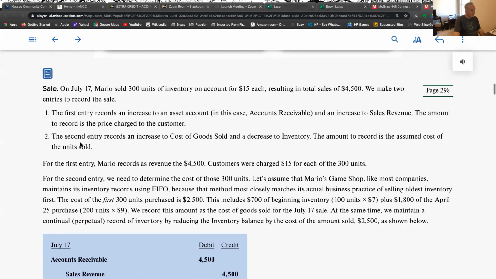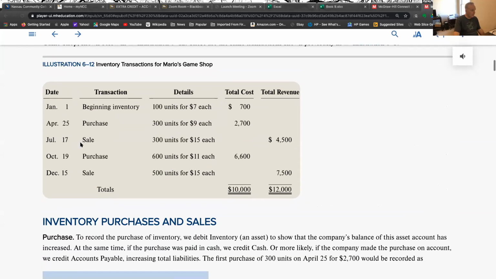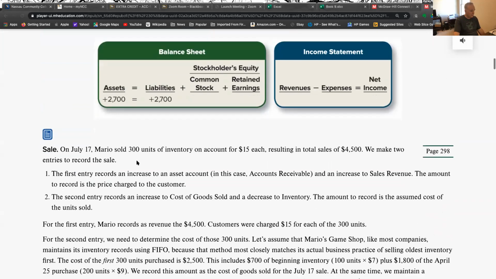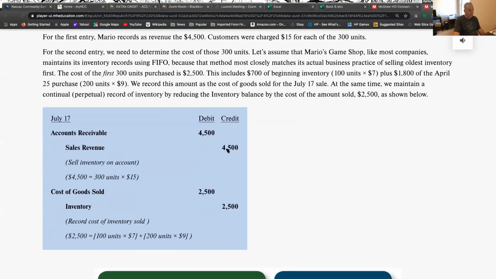On July 17th, they sold 300 units for $15 each. That's $4,500. Debit accounts receivable and credit sales. That's something we learned how to do a long time ago.